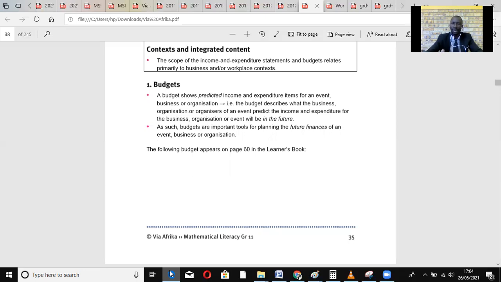Well, a budget shows predicted income and expenditure items for an event. Okay, that is the predicted amount of money which is supposed to be generated, and also the predicted amount of money which is supposed to go out of the business. That is, when we talk of income, predicted income and predicted expenditures.